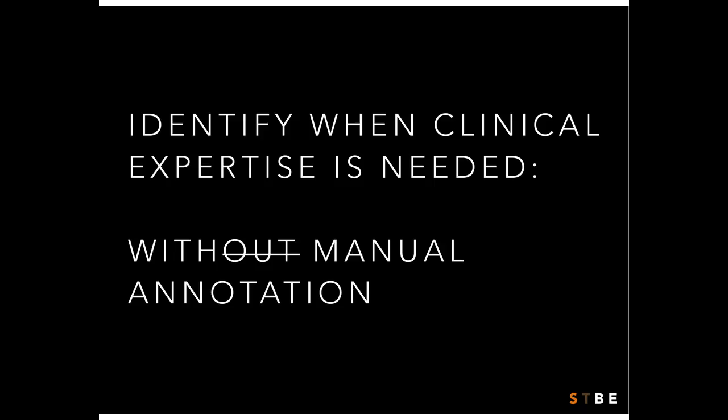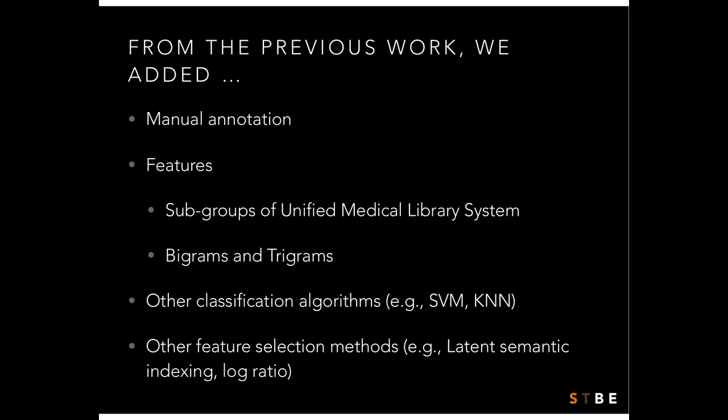And so our next step naturally was to look at how we can improve the performance by using manually annotated data. So we further added some features of subgroups of UMLS and also bigrams and trigrams, meaning not just one-word unigrams, but the counts of 2 words and 3 words in the post as features.